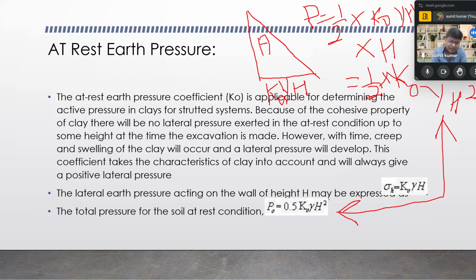So we call it the total pressure for the soil at rest condition, and we already know the value of K naught for the rest condition is mu by 1 minus mu, or 1 minus sine phi, as I have mentioned several times. You need to understand and remember these things during the class work only, because I will also take some exemplar problems or MCQ type problems at the end of the class.